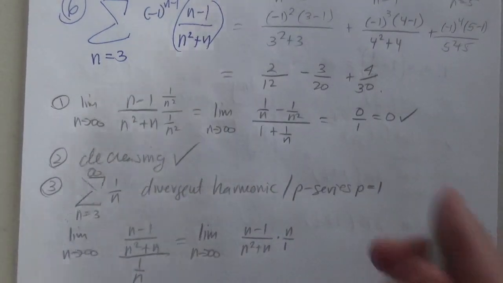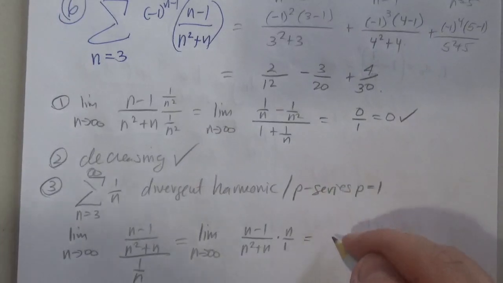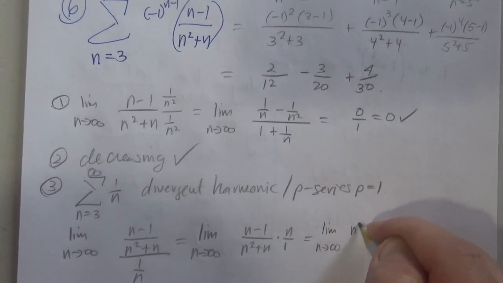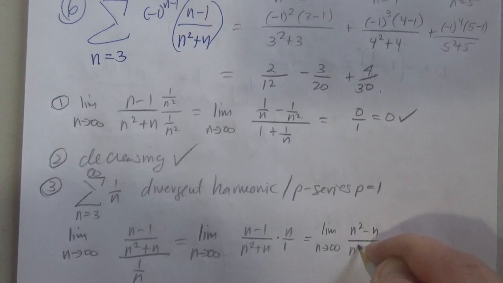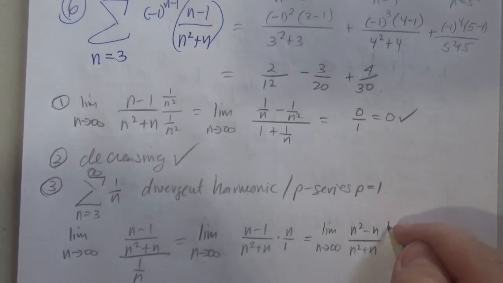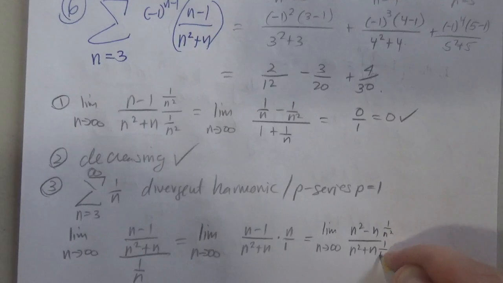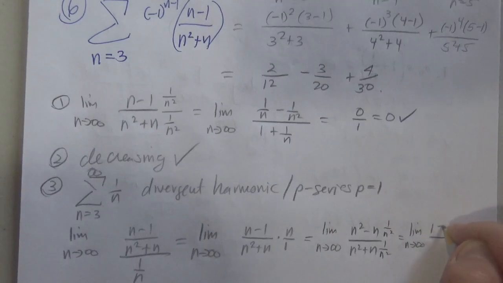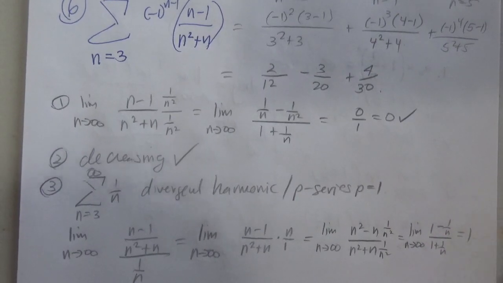I'm still good on space. I get the limit as n approaches infinity of n squared minus n over n squared plus n, multiplied top and bottom by 1 over n squared. I get 1 minus 1 over n over 1 plus 1 over n, which is equal to 1.